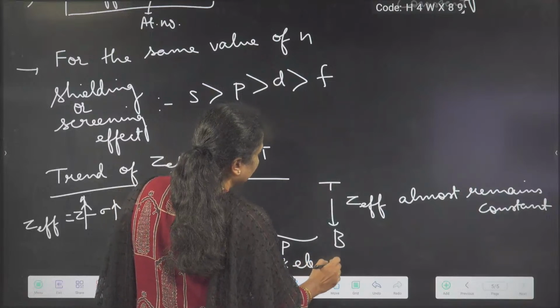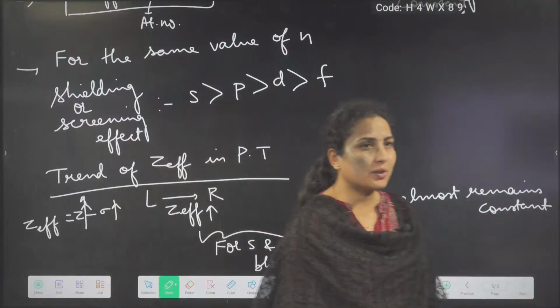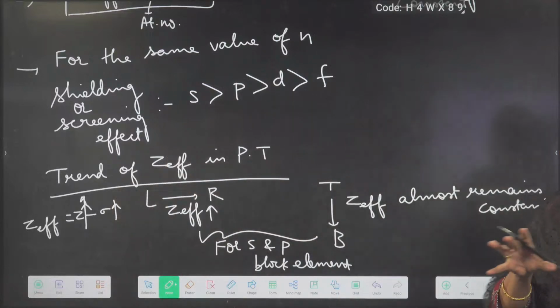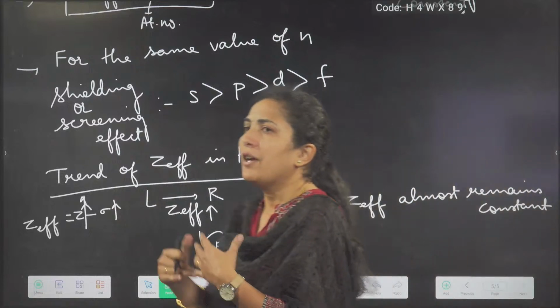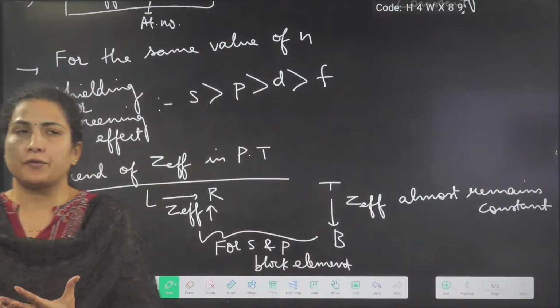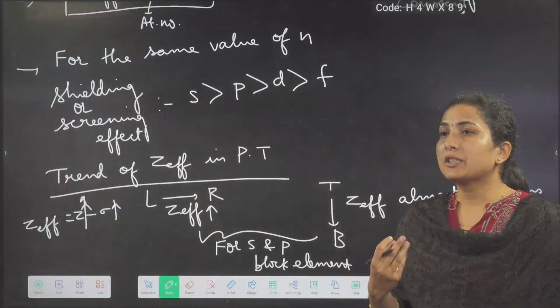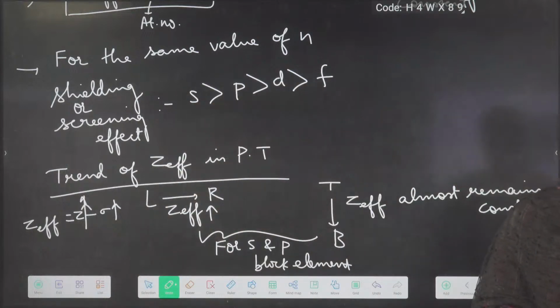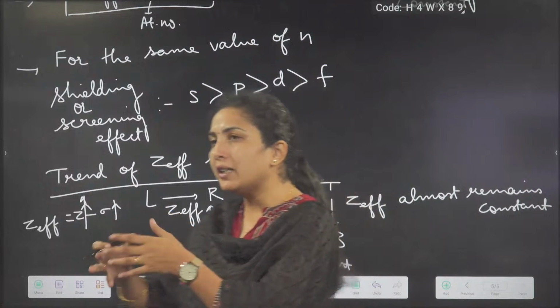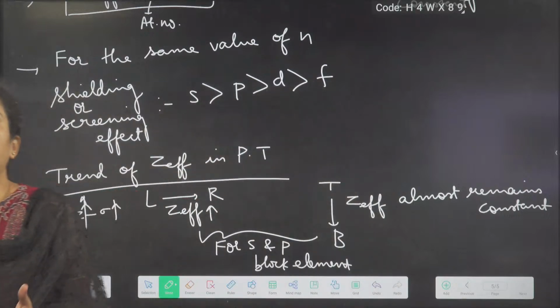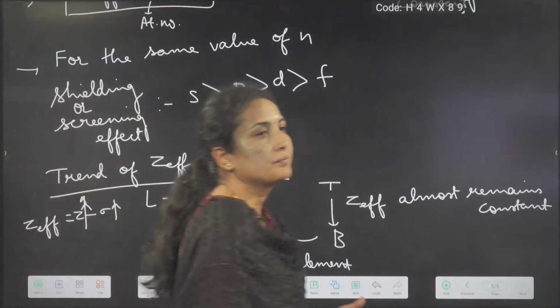Reason being, for D and F, many things change, right? So that's the reason we are restricting ourselves. In fact, in periodic classification, majority of the times we are going to compare the physical properties for S and P block only. We are not going to read much about D. For reading about D and F, we have a separate chapter in your class 12th.